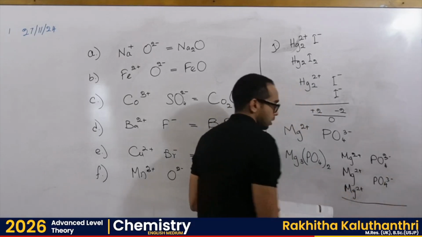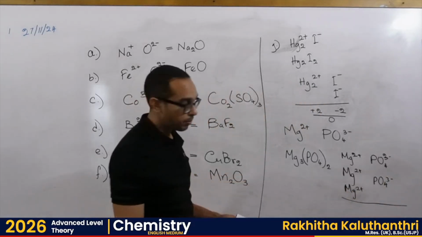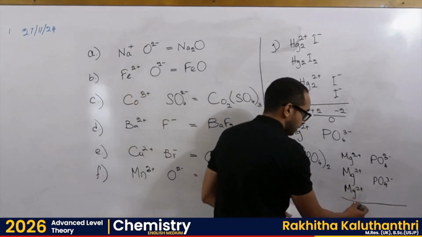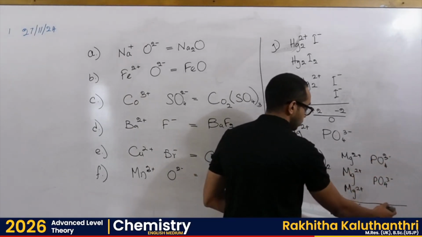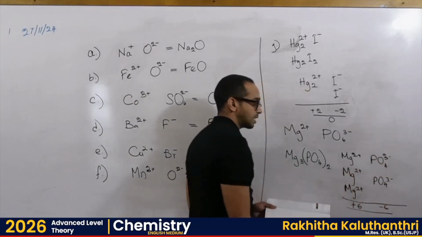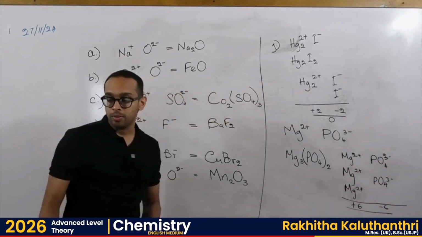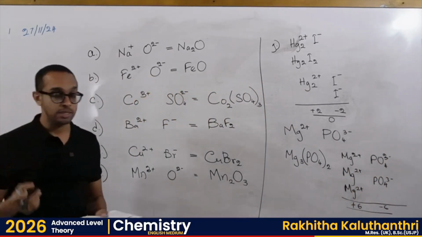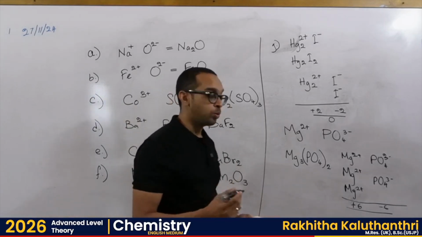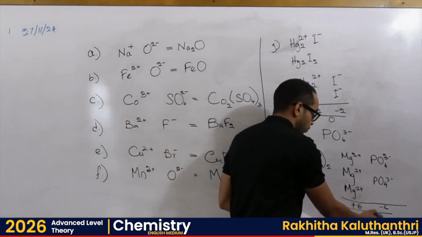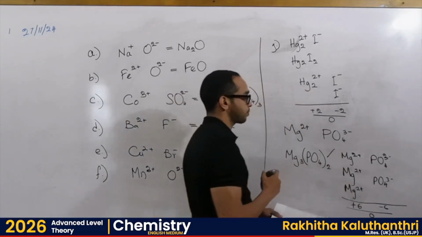Altogether these magnesium ions come to +6 charge, and each phosphate is -3 in charge, so the total charge is -6. The +6 charge cancels off the -6, so it becomes 0 in charge. Therefore this formula is also correct.